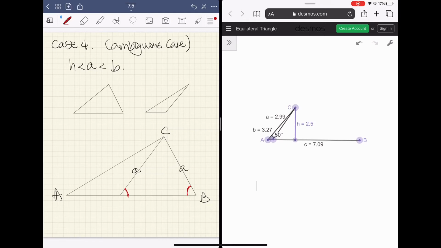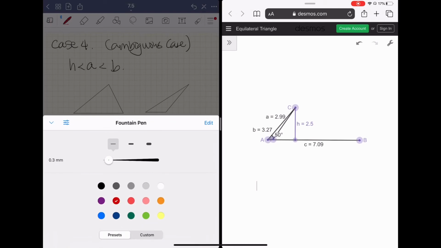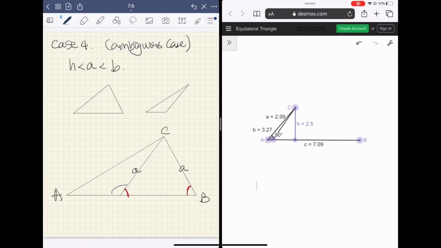If these two angles are the same, then this blue angle here will be 180 minus the red angle. So the possible triangles in this case, we have two. One big one and one small one.